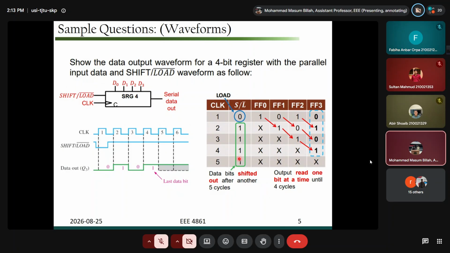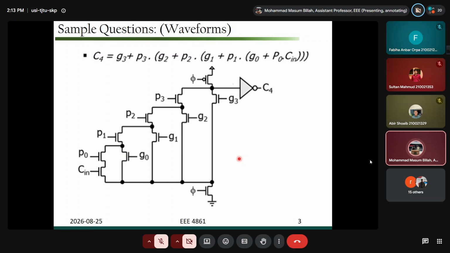Yes, sir. Okay. So from adder logic, there will be one full question of 30 marks. I will give you 5 questions. You have to answer all 5 questions.